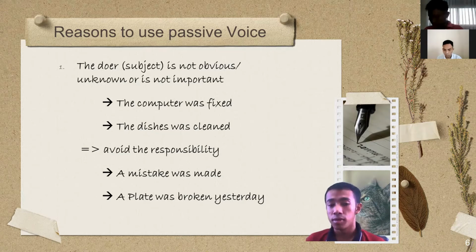It is unknown because it is the passive voice, avoiding responsibility. Next, a plate was broken yesterday. The subject is unknown, or it is to avoid responsibility, since we do not say who broke the plate.